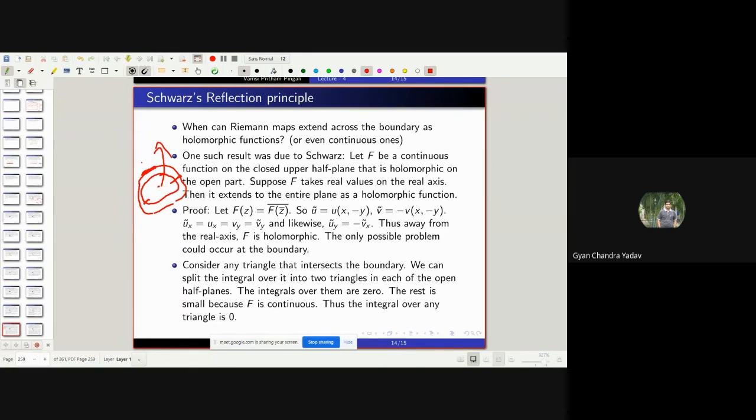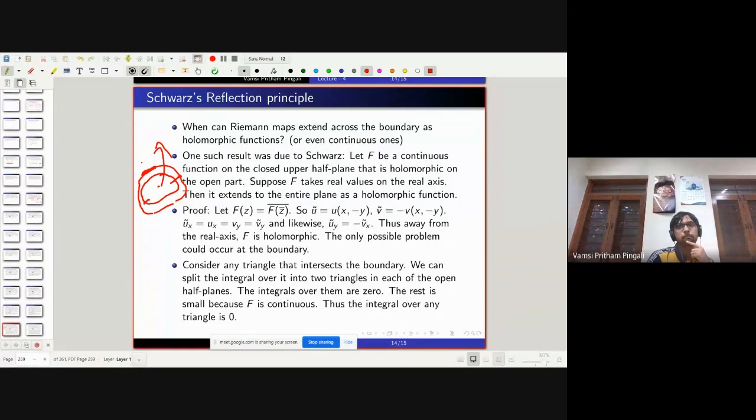So actually it is an extension of the map from the upper half plane to the whole complex plane. That can be done provided it takes the real axis to the real axis, and you do it by reflection. That's why it's called Schwarz's reflection principle.